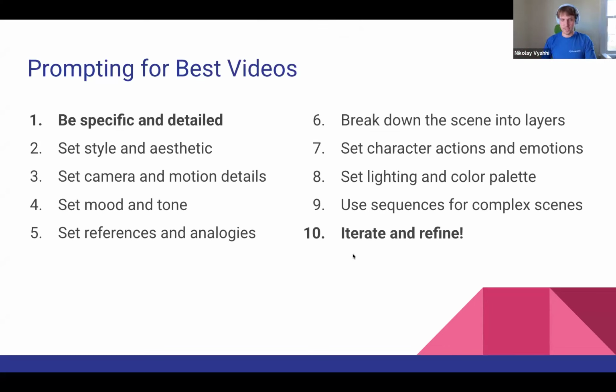And last but not least, and also second important, I think the first one is important and then this is the second most important: you need to iterate and refine. So you need to write a prompt, see how it goes, see the errors and what the AI did not understand, and reiterate and refine.